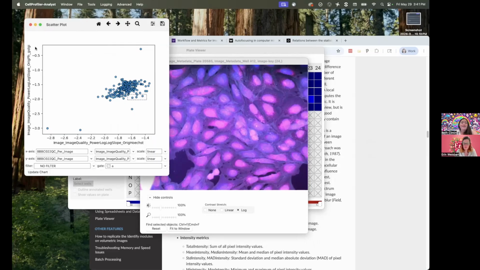But how consistent the data is for different channels might be really different for a nuclear channel, where we know it's not going to be fully confluent, and a cell membrane channel, where if the cells are fully confluent, there will be no background present in the image. So we should be careful about setting hard cutoffs, and careful about overly relying on these metrics, because they can be really hard to interpret.